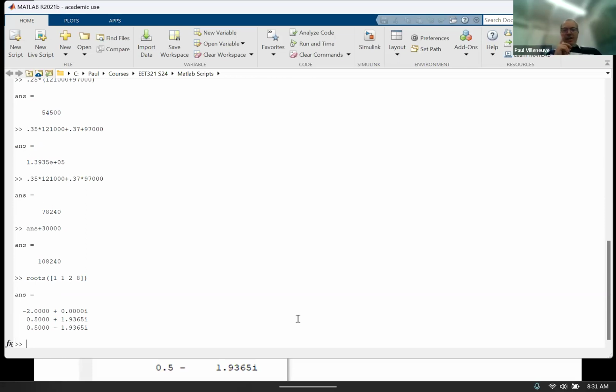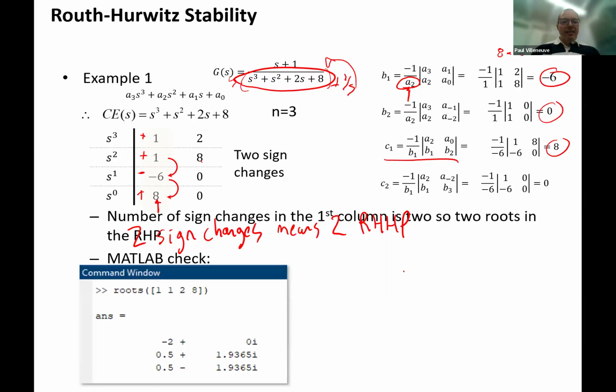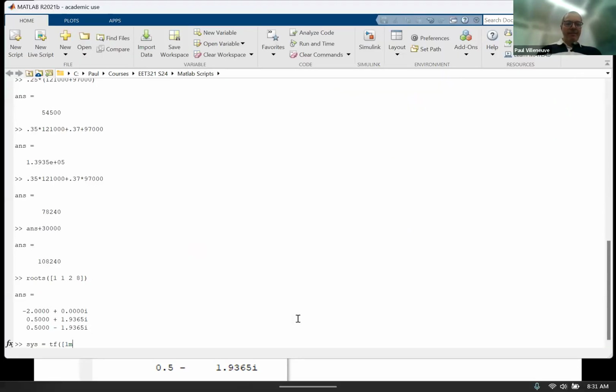And then if I do my transfer function, I'm going to pass it my 1, 1, and then I'm going to do my 1.